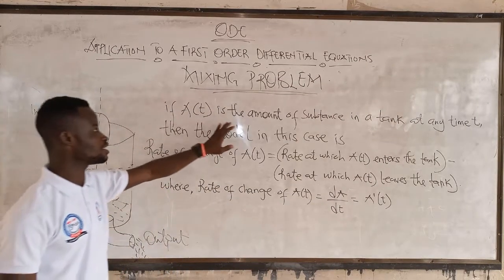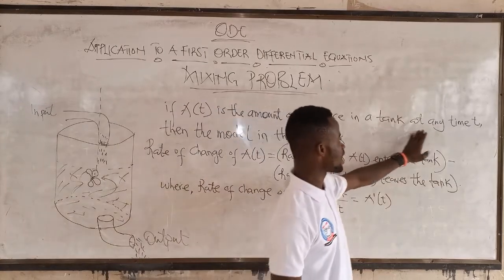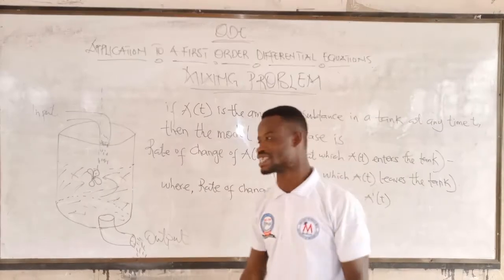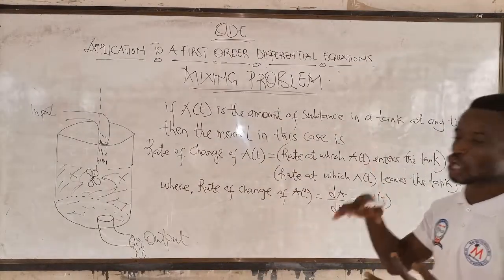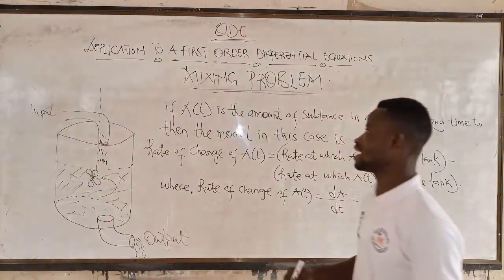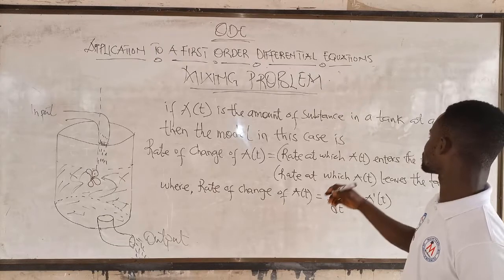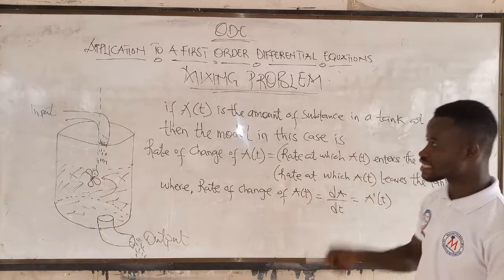Alright, very good. So let's look at what we have here. If A of t is the amount of substance in a tank at any time t, that means A of t is representing the amount of substance in the tank at any time t.